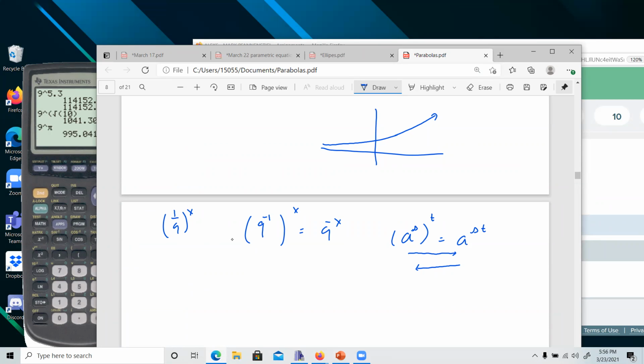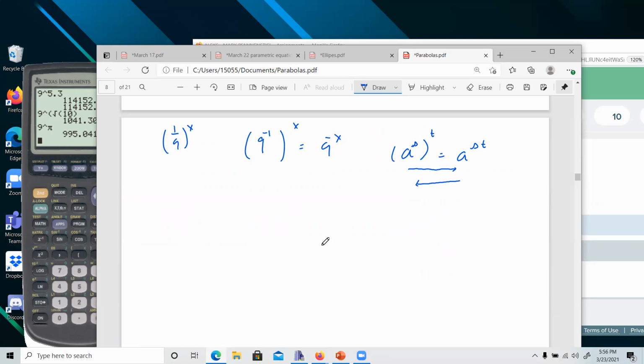Do you remember what happens when there's a negative on the inside of the function? Like, do you remember what the difference is between, say, we have our parent function, and I put the negative on the outside, what happens? Or if I put the negative on the inside, what happens?